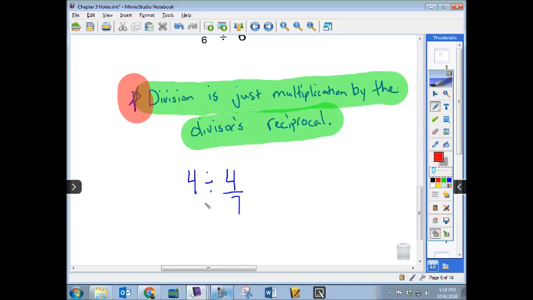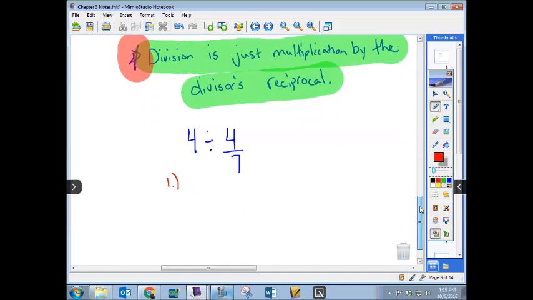So the first thing that I've told you to do, whether you're dealing with mixed numbers, adding, subtracting, multiplying, or dividing, is to put that in fraction form. So this is going to be done in 2 steps. The first step, I'm going to call this number 1, is we're going to leave it a division problem. We're just going to put them in fraction form. So that's going to become 4/1 divided by 4/7.